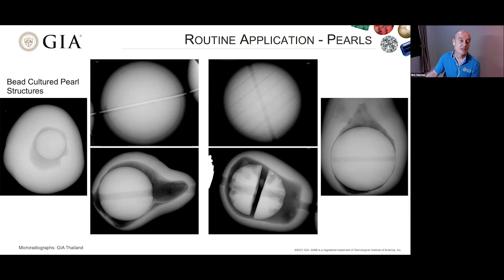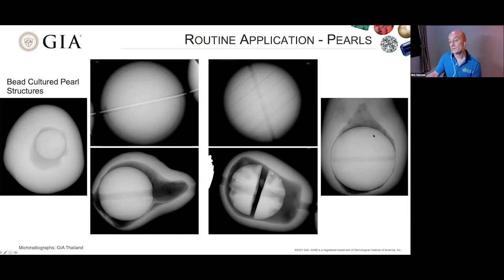So for example, in this pearl here on the left, we have a small bead, whereas in this pearl here, we have a much larger bead in relation to the actual volume of the pearl. Sometimes we see some very obvious organic and void areas around beads, and they often show in deformed pearls. This one here has a cracked bead, it's split in half.